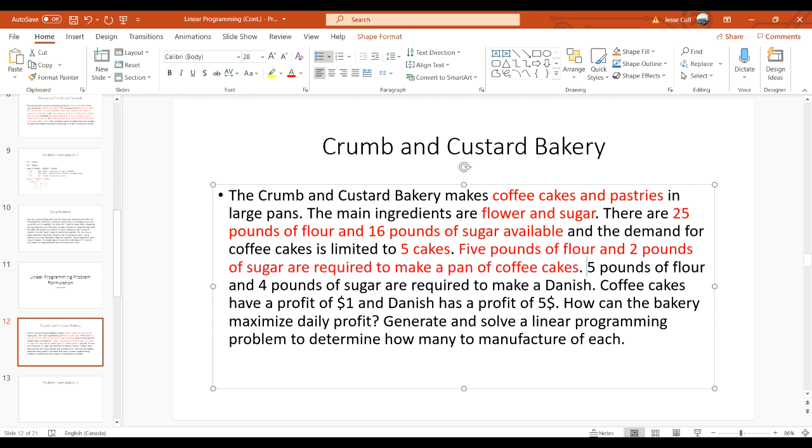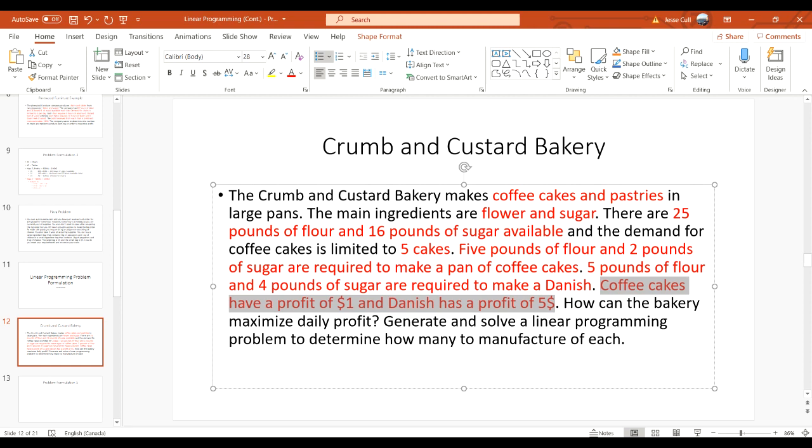Five pounds of flour and 4 pounds of sugar are required to make a Danish. Coffee cakes have a profit of $1 and Danish have a profit of $5. So we've highlighted all of our key information.